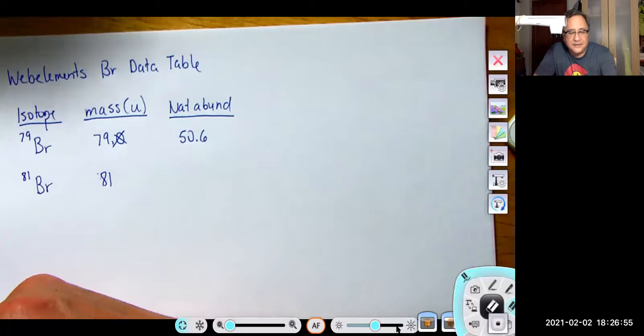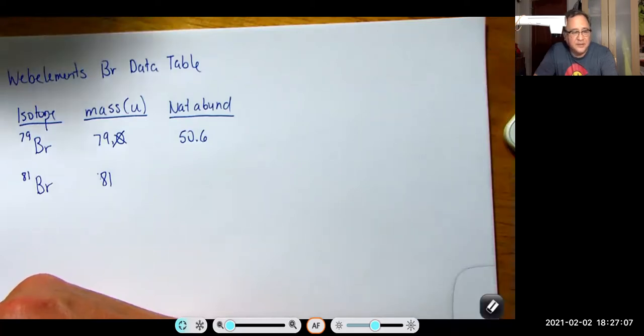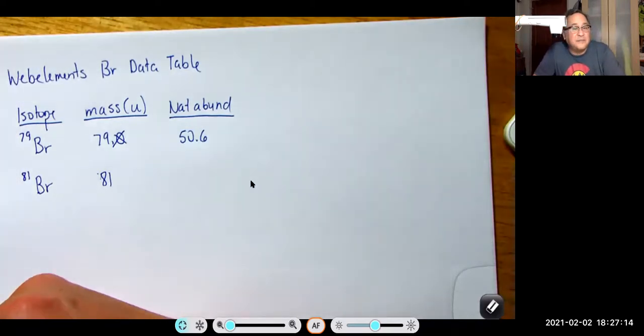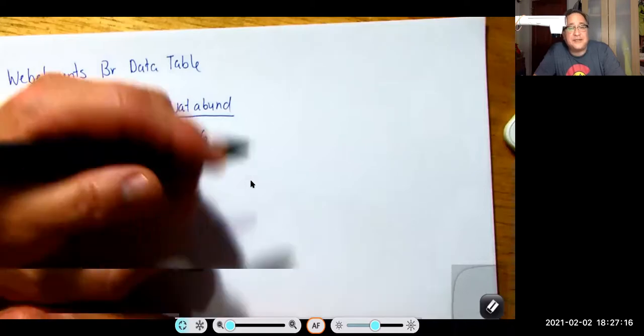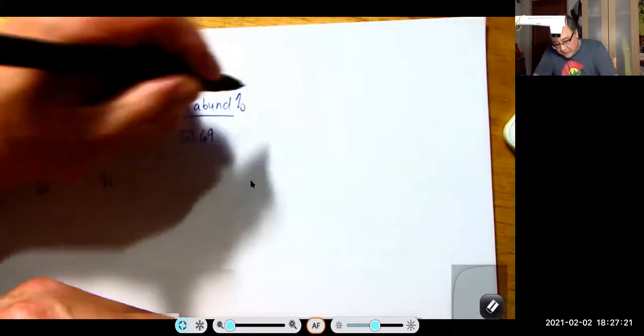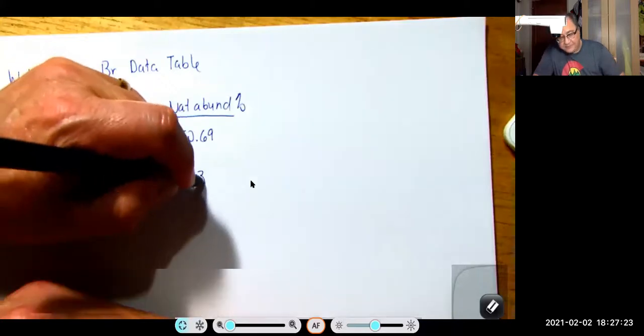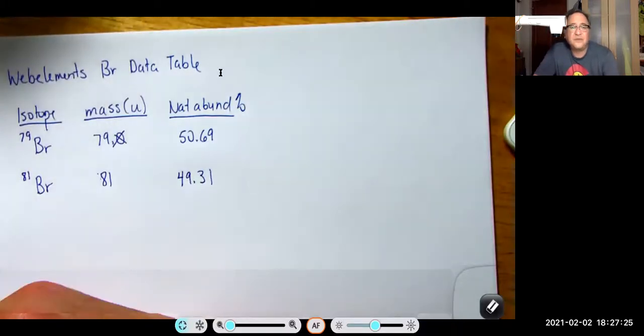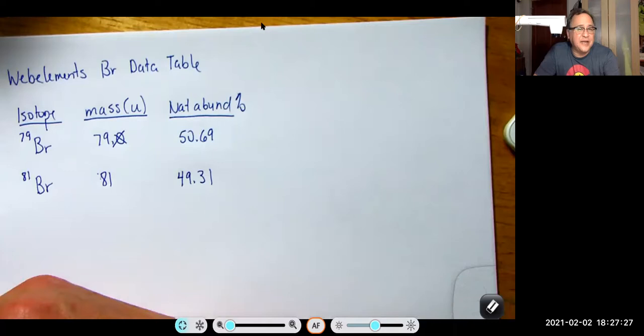Hang on a second. Now I just made it all go wonky. Okay, that's better. So the percent abundances, or natural abundance, is 50.69 and 49.31. Okay, so that's your data table.